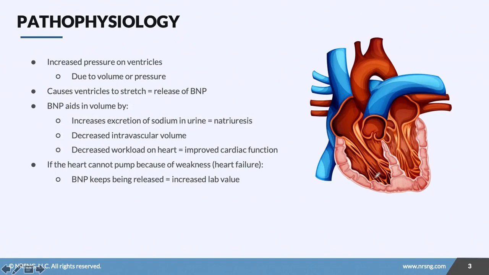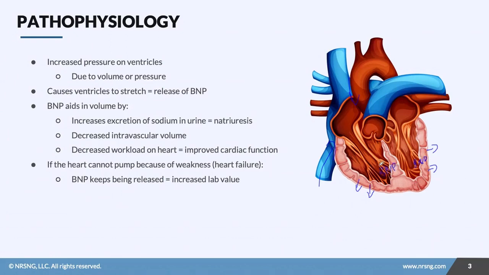So in a normal heart, we have more volume coming into the system. This increased volume will cause increased ventricular stretch. Now, what happens in this case is BNP is then released. So as the ventricles stretch, BNP is released.